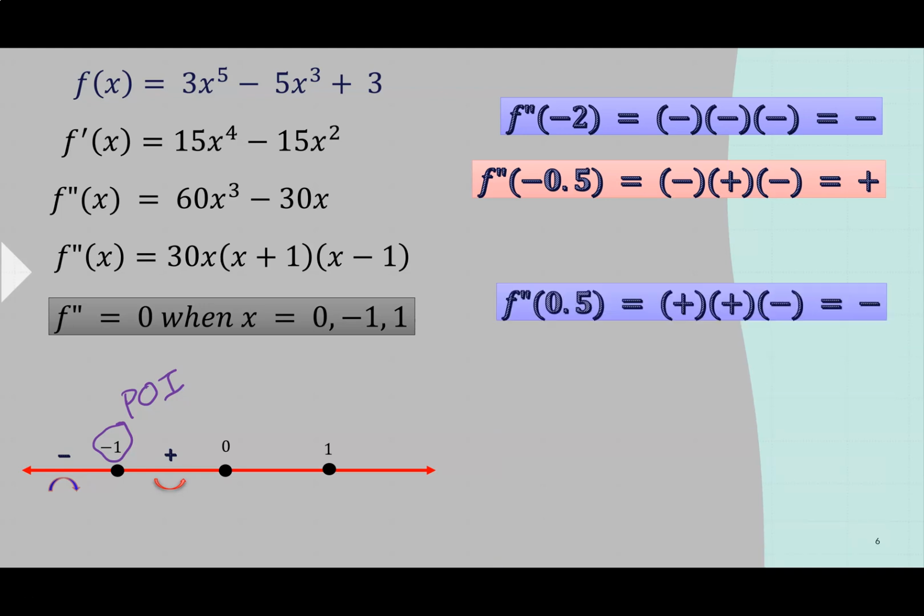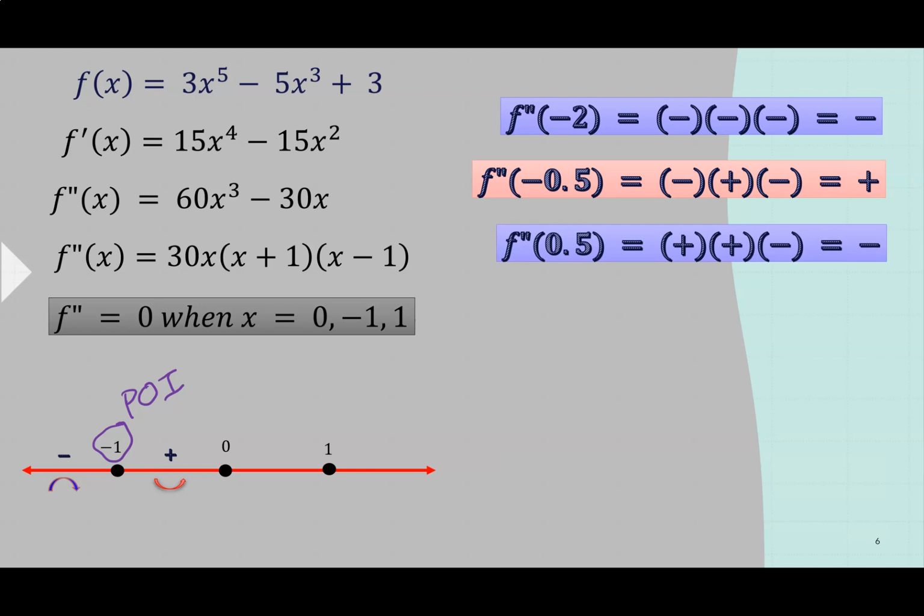Okay, now let's plug in a number between 0 and 1. For example, 0.5. And plug that into the second derivative, you will get a negative number. So your function concaves down between 0 and 1. Again, you will have a point of inflection here because that is when your function changes in concavity.